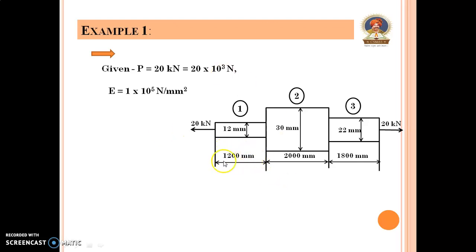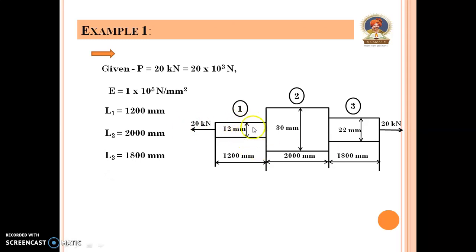Here in this diagram, this is L1 1200 mm, this is L2 2000 mm, and this is L3, that is 1800 mm. So L1 1200 mm, L2 2000 mm, L3 1800 mm.